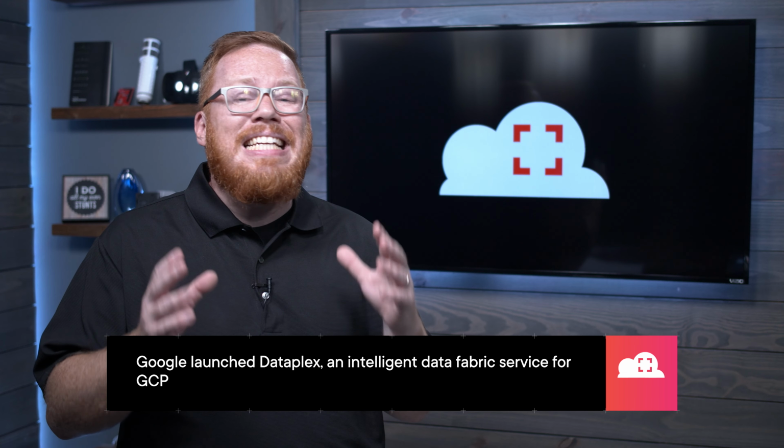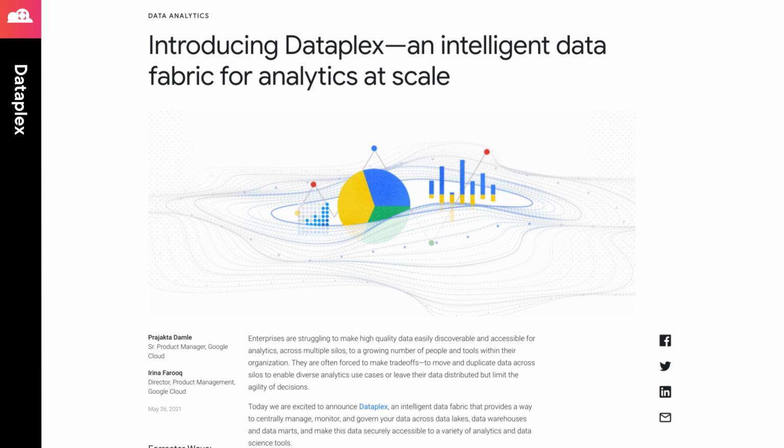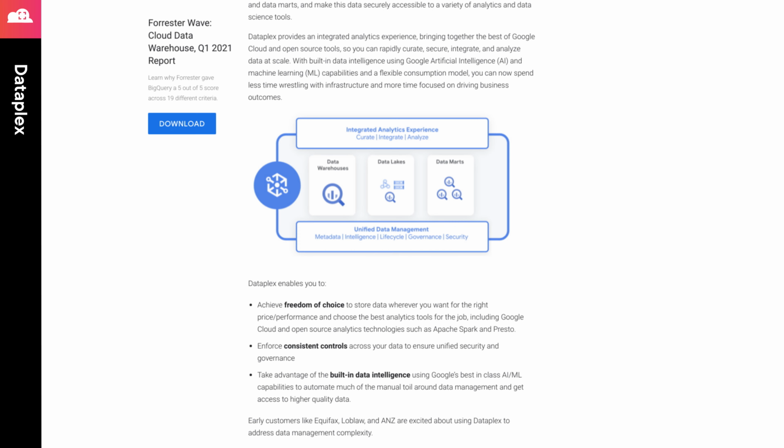Another launch from the Cloud Data Summit is Dataplex, which Google defines as an intelligent data fabric. The solution is all about helping organizations break down silos across their data warehouses, data lakes, and data marts. It does this by providing tools to manage the data, monitor its contents, and govern its access. It has also baked in data intelligence with Google's AI and ML, while also making it easier to integrate your data with those capabilities.